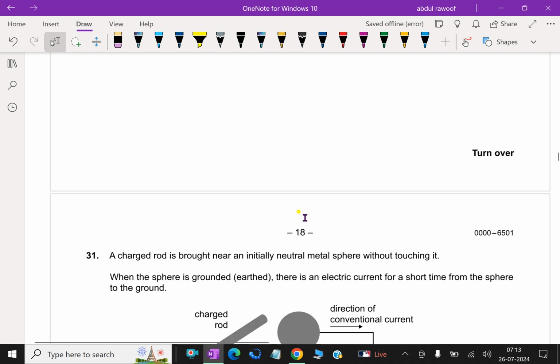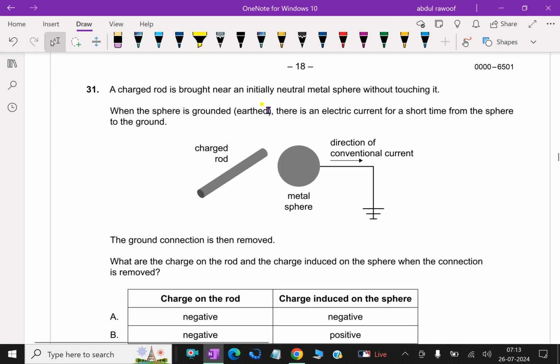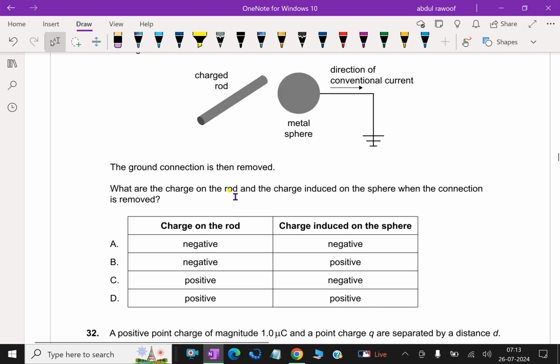Then next question. A charged rod is brought near an initially neutral metallic sphere without touching it. When the sphere is grounded, that is earth, there is an electric current for a short time from the sphere to the ground. The ground connection is then removed.